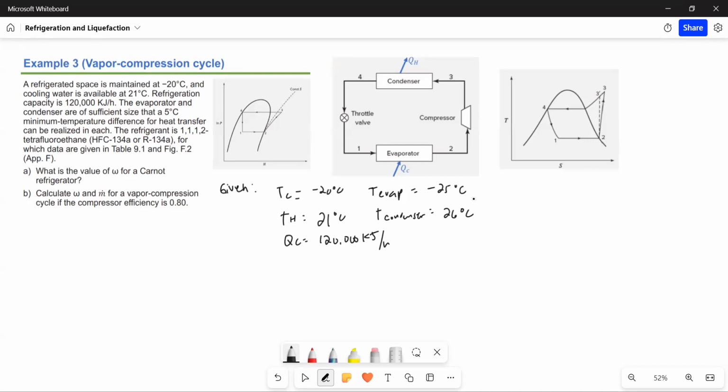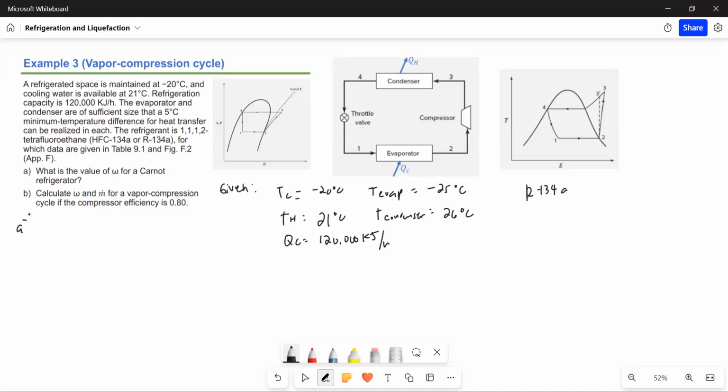So we're given the evaporator and condenser temperature, and we use this in the calculation of the COP for a Carnot refrigerator. And then we're given that the refrigerant is R-134A or tetrafluoroethane.